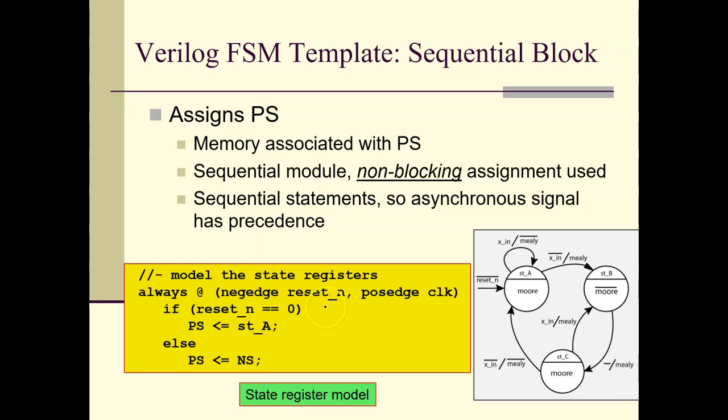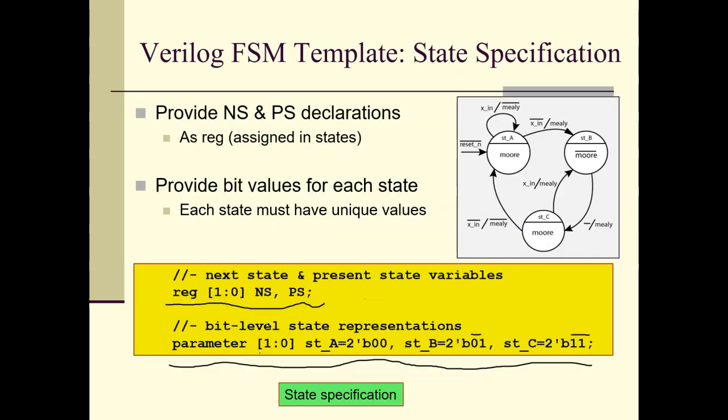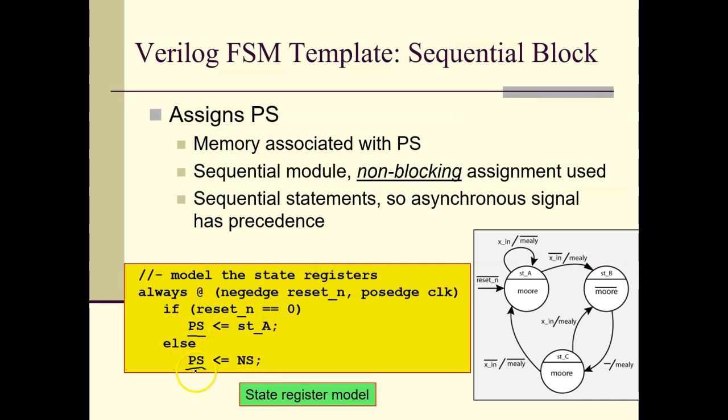And once I do that, everything that's assigned in this always block is a register, and the thing I'm assigning in this always block is PS. So PS represents the state registers, which is good because that's how I defined them. NS is sitting there, but it is not going to be a register. PS is the register simply because PS is the only thing being assigned in this block.